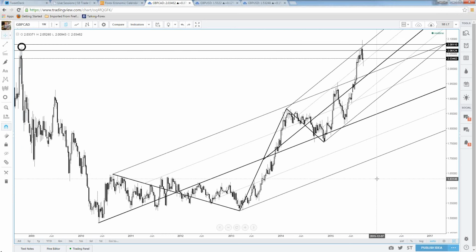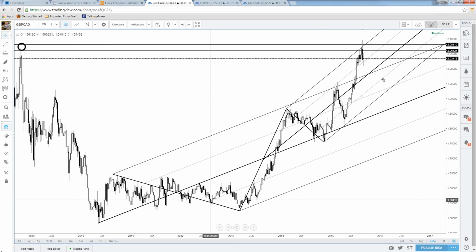Look, it's not out of the question. First, you would be looking for support at this line because this is old resistance. So that'd be a level to look for support first, and it's like 198 or so. So if you're able to get the 205, 206 area, you'd be looking for 198.